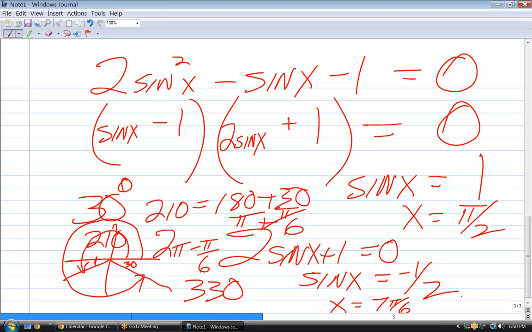So 11 pi over 6 is pi over 6 short of 2 pi. That's kind of just the way I think about it in my head. You can also find a common denominator: 2 pi is 12 pi over 6, and 12 pi over 6 minus pi over 6 is 11 pi over 6.